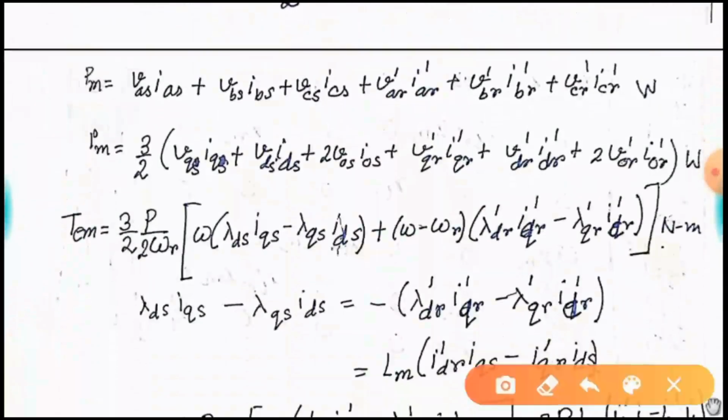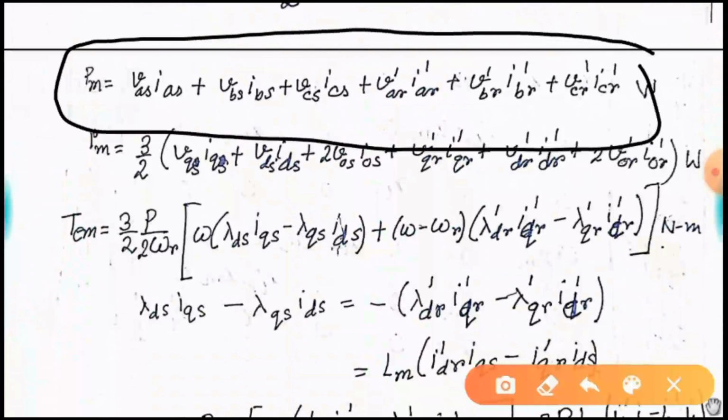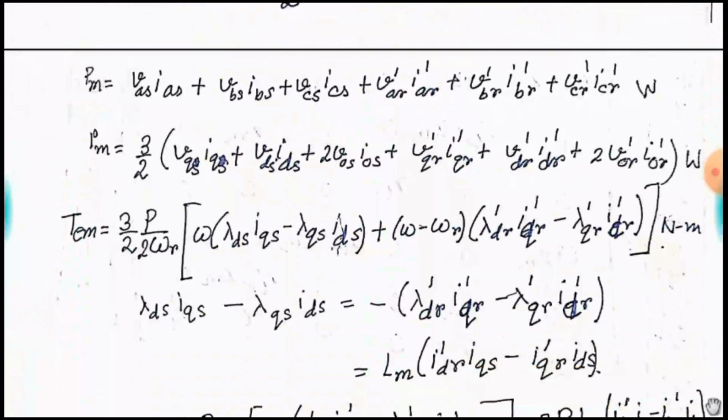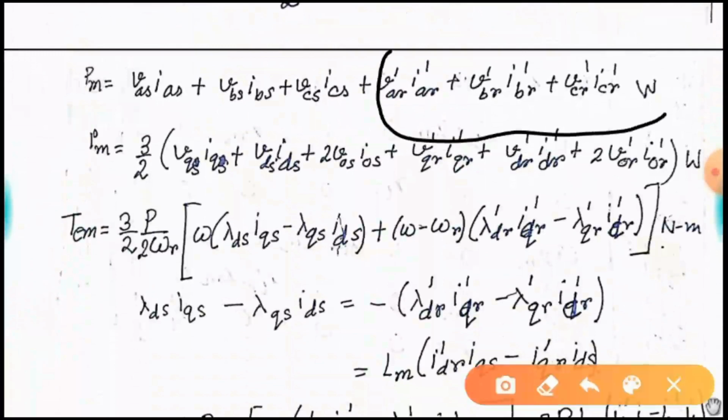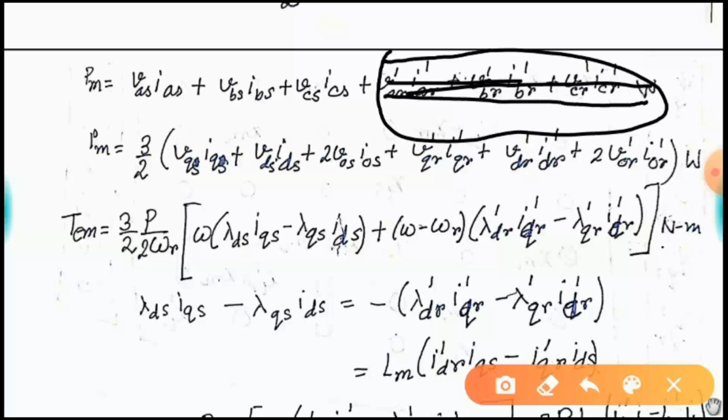Now very importantly, our power equation. Here one thing I would like to suggest, that if you consider a squirrel cage induction motor, then you can drop these last three terms; they won't be there.